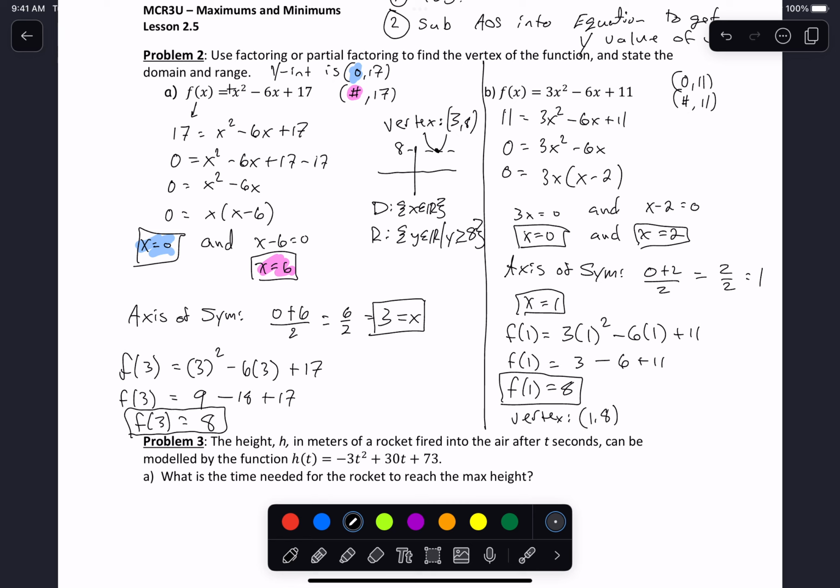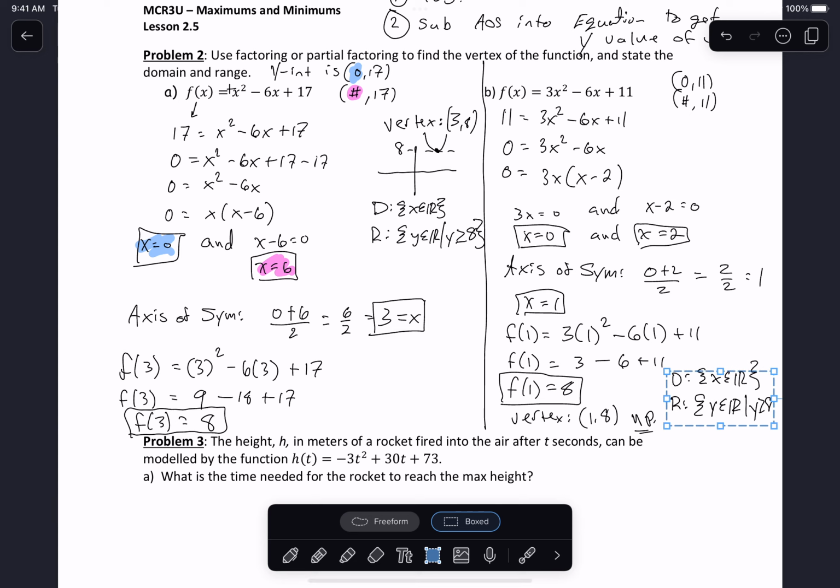Opening up or down? Up. Which makes the domain always x is a real number for a quadratic. The range, though, same as last time, unfortunately. It's not one thing I didn't do well today. Just give you a range that's different.